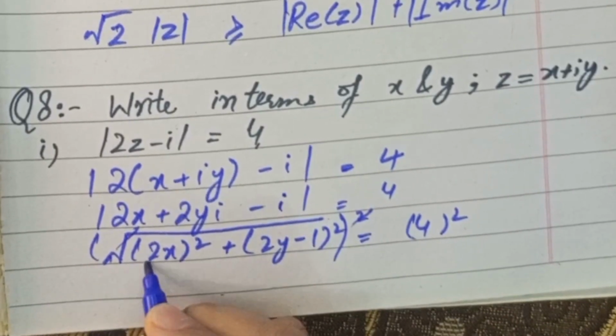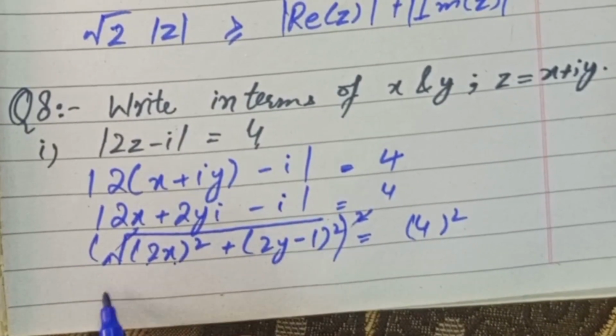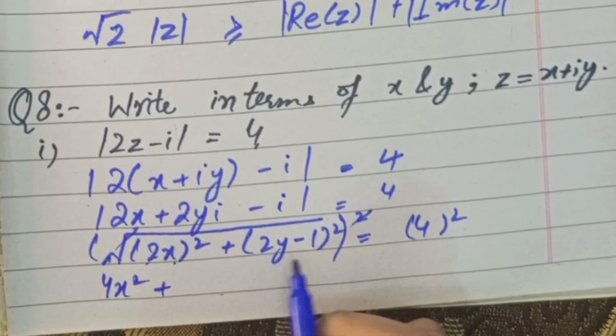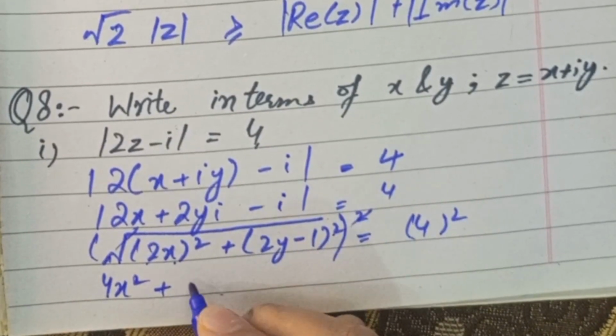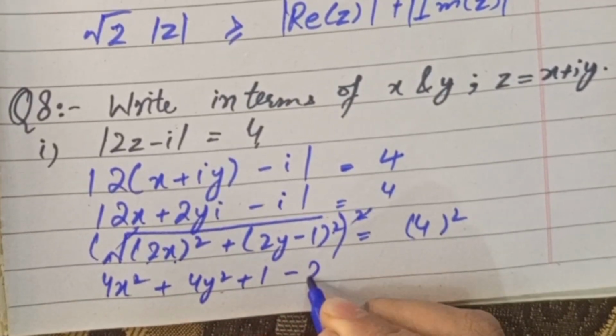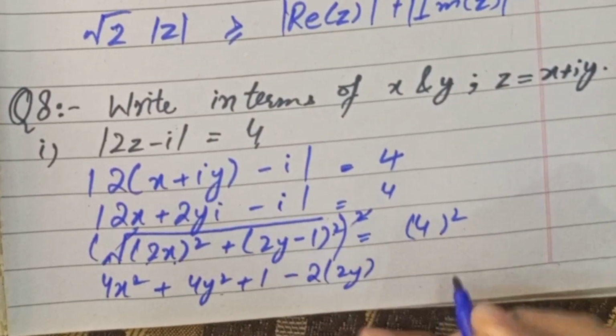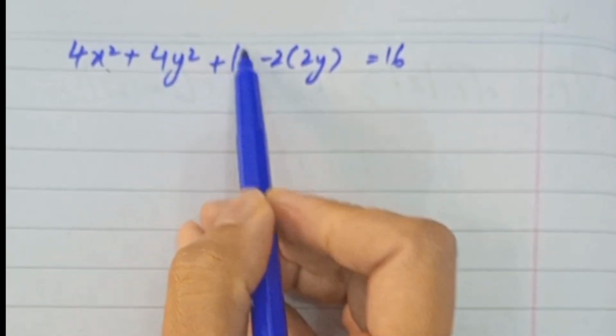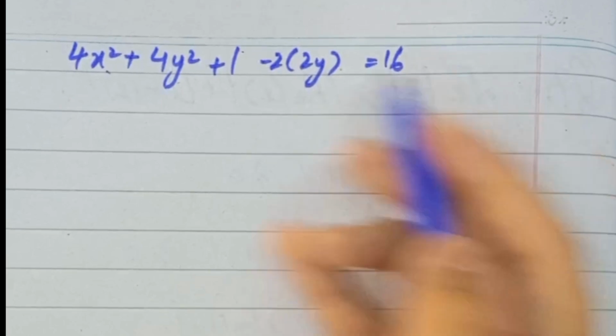Here we are left with (2x)², which is 4x². Put the formula of (a − b)² here: 4y² + 1 − 2 into 2y. 4 into 4 is 16. So 4x² + 4y² + 1 − 2 into 2y equals 16.